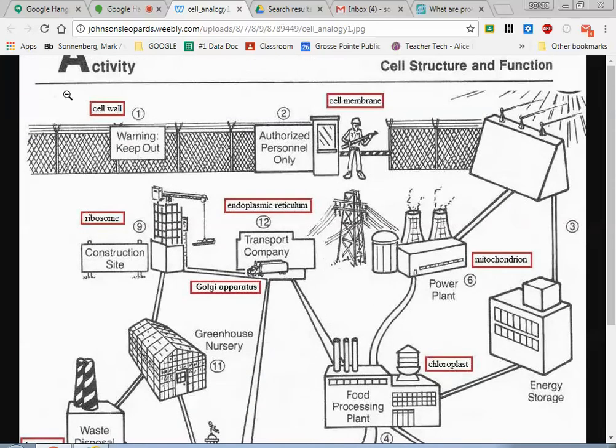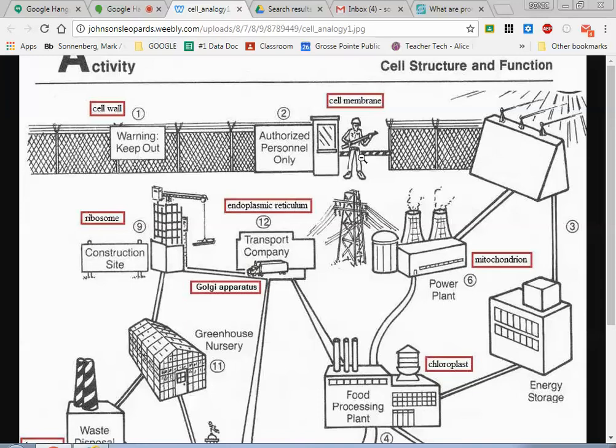So we'll start here with the cell wall. Imagine this would be a plant cell because only plant cells have cell walls, animal cells do not. It is the outer structure of the city. It gives support and a boundary to the cell, but it also keeps things out that aren't supposed to come in.